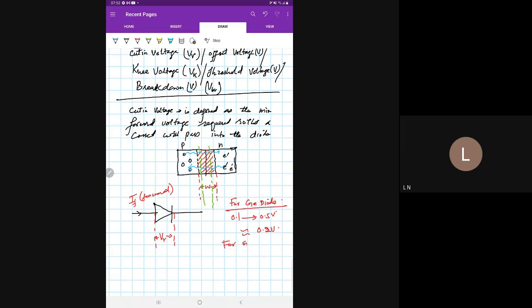For a silicon diode, silicon-based diode, the value of cut-in voltage is 0.6 volts to 0.9 volts, and the typical value is 0.7 volts. So it means that you have to apply 0.7 volts externally to the diode, then only the forward current will flow.